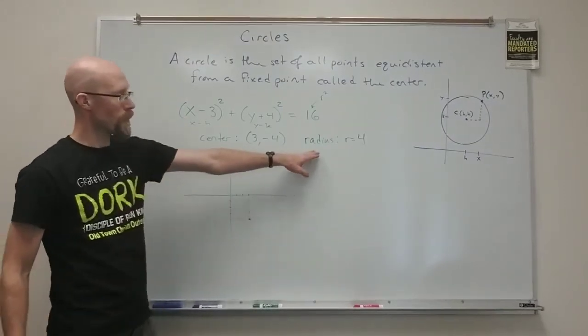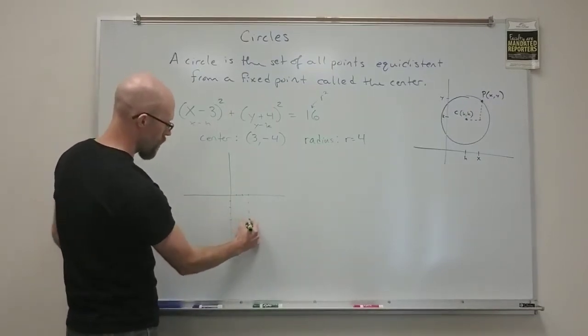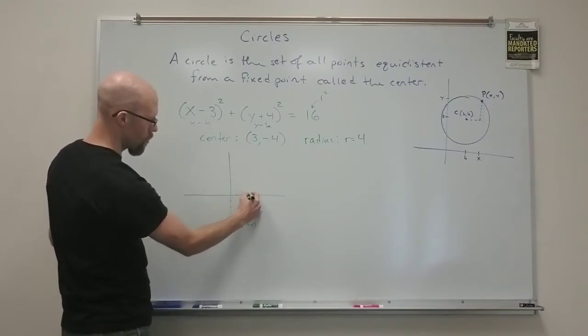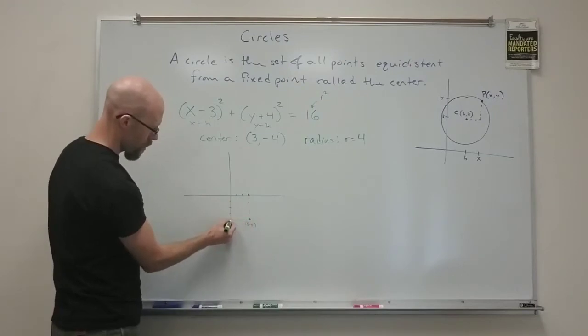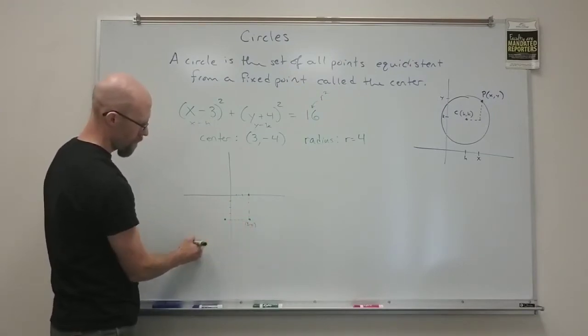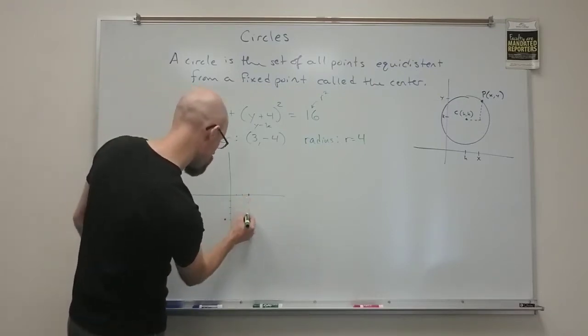And then I need a radius of 4. So going vertically from this (3, -4), that would go up to the x-axis. That would go over here. Let's see, 3 gets me back to the y-axis, so I need to go one more unit over. I could go down 4 units. That would put me at -8.